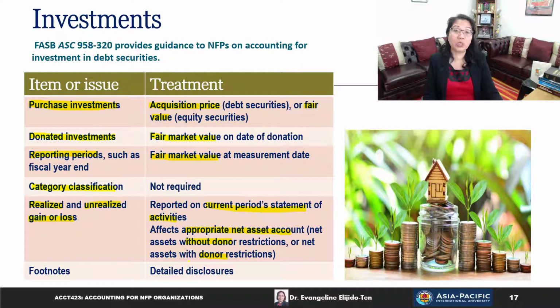So it is important to be able to calculate the realized as well as the unrealized gains or losses. In terms of the footnotes, the detailed disclosures of these investments need to be provided as the notes to the financial statements.